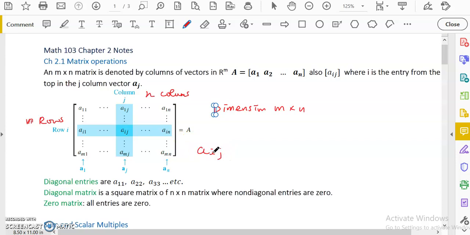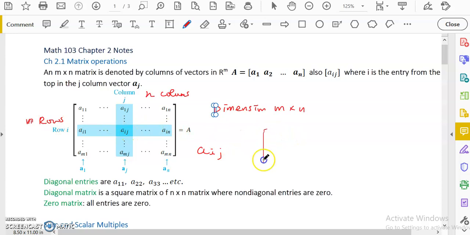I is the row number, so all the names here are a_1 something: a_11, a_12, a_1n. Going down, they would be in different rows, so the first part of the name would be different: a_i1, a_ij, a_im.